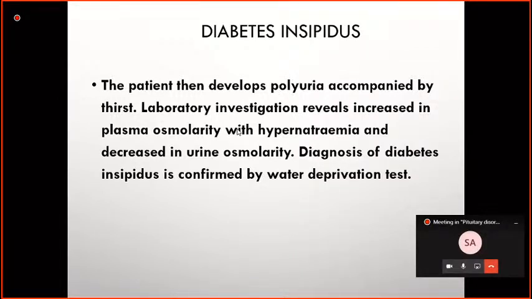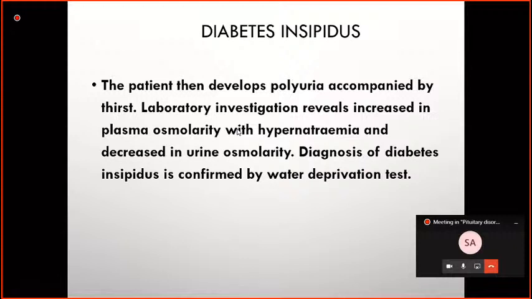It is less likely for a pituitary tumor to be so big that it also involves the hypothalamus, unless the initial lesion itself is in the hypothalamus.